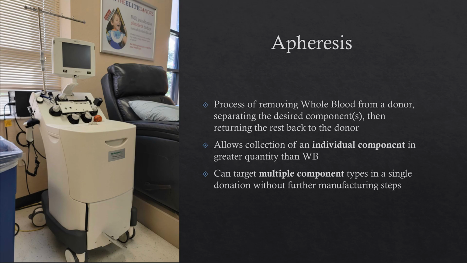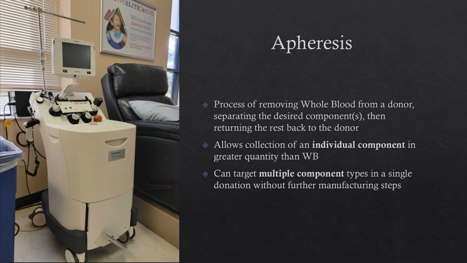Apheresis is another collection method that allows us to sort of forego some of the component manufacturing steps. In an apheresis procedure, you can draw the equivalent of 1 unit of blood, 500 milliliters or so, from the donor. This instrument in the picture here processes the blood that's been removed, and it separates out and removes just the portion, the component of blood that is targeted in the procedure.